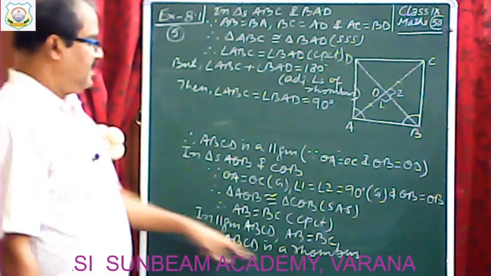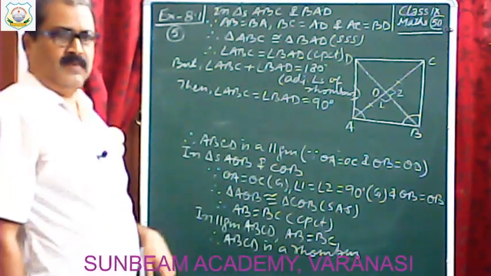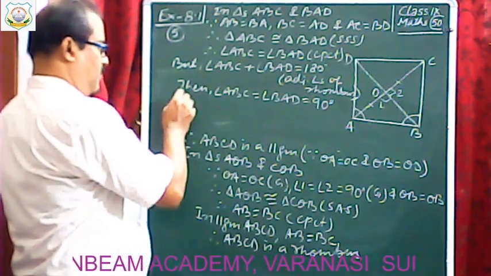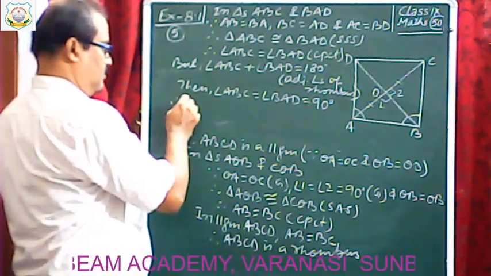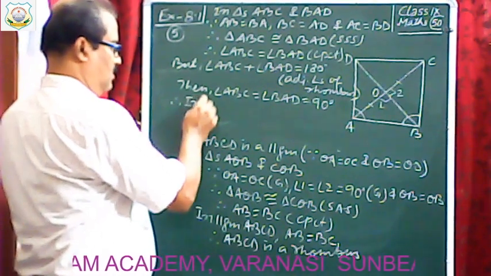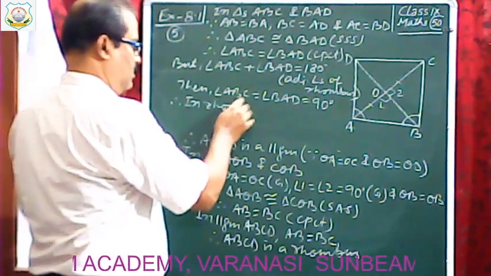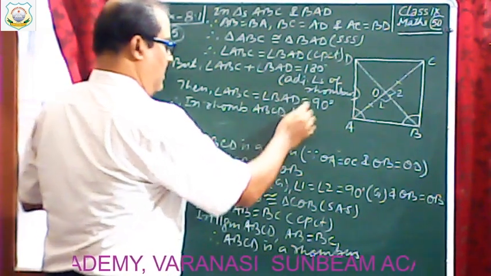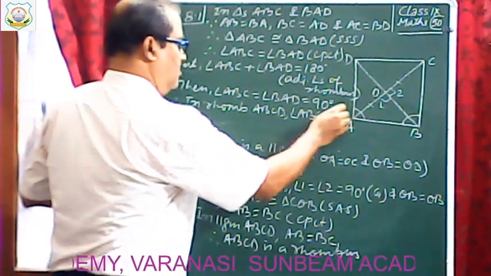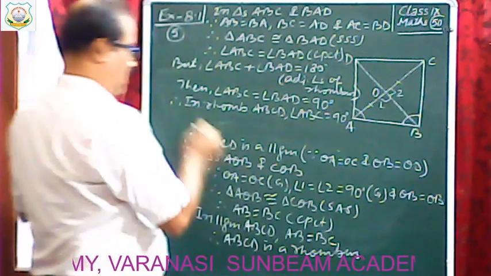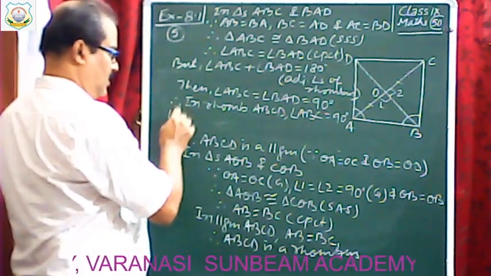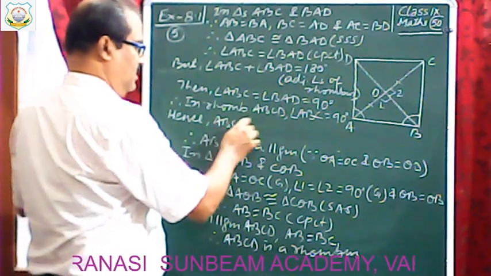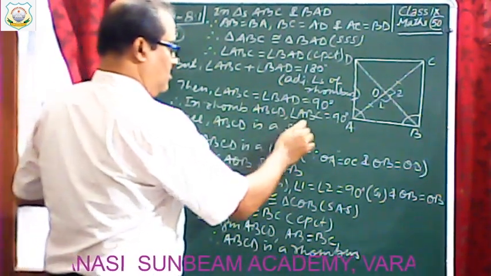We have shown ABCD is a rhombus and one of the angles is 90. Therefore, in rhombus ABCD, angle ABC equal to 90 degree, then hence ABCD is a square.